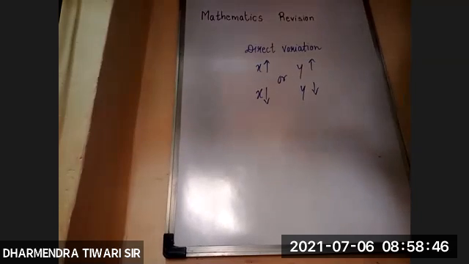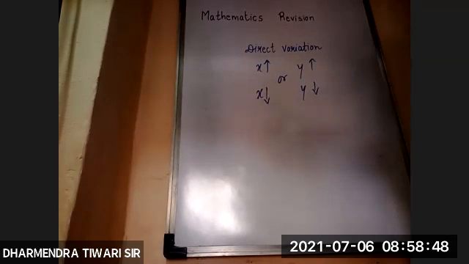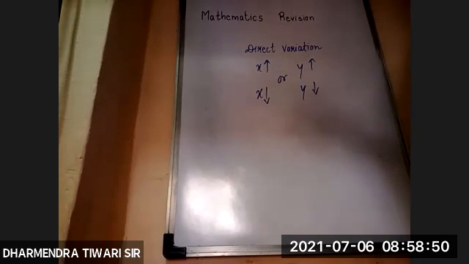This is called direct variation. I gave you an example of a notebook: number of notebooks and price, or you can say cost, of a notebook. After that, I did some problems based on direct variation. So today we'll start with inverse variation.